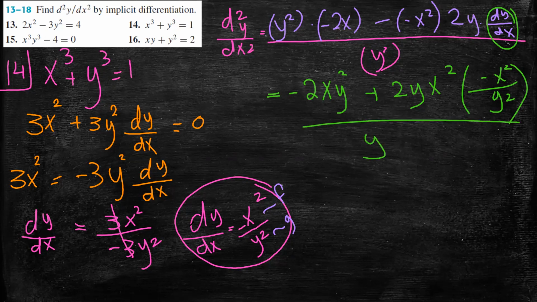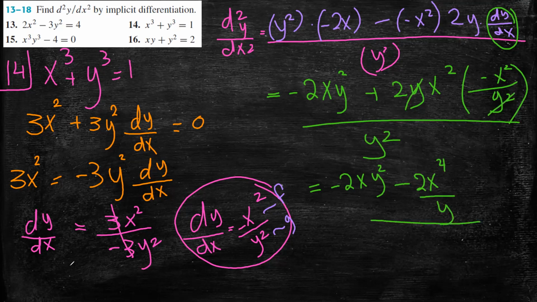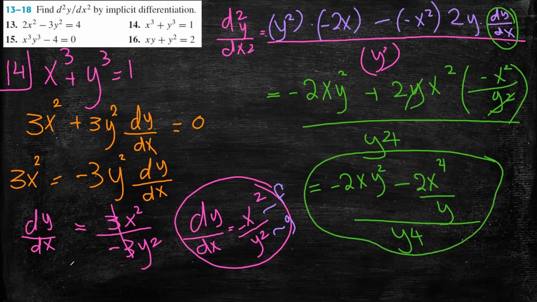Now over y squared. It can be written as negative 2xy squared plus 2x squared times x to the power 4 over y, and y cancel each other, over y to the power 4. This will be now the second derivation.